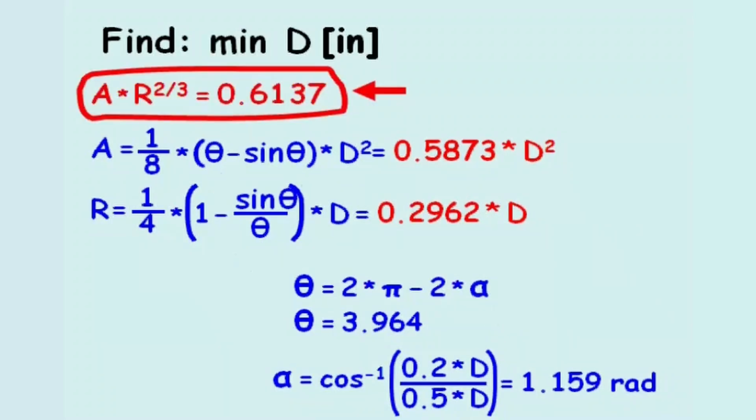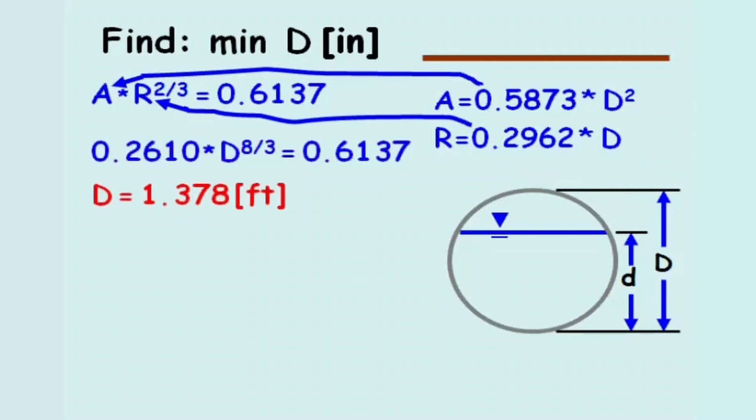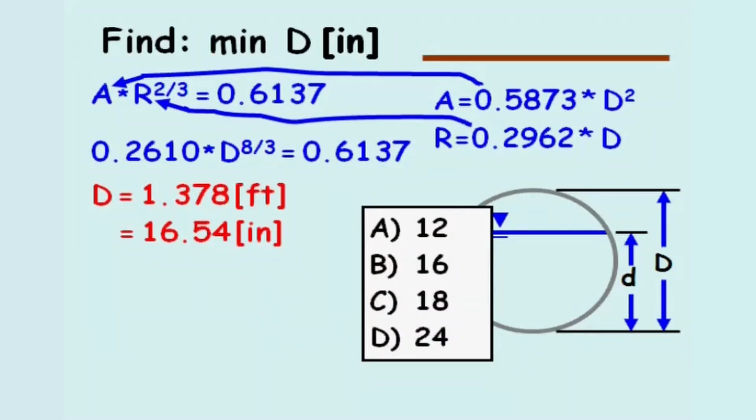Returning to the previous equation, these values for the area and hydraulic radius are substituted in for A and R. And after a few lines of algebra, we find the minimum allowable diameter, D, is 1.137 feet, which equals 16.54 inches. This diameter must be rounded up to the nearest possible solution, which equals 18 inches. Answer C.